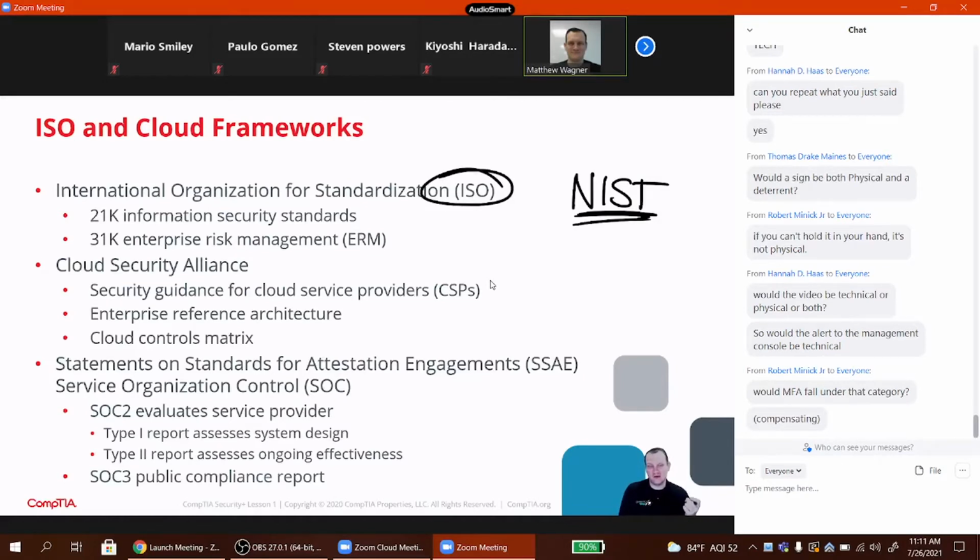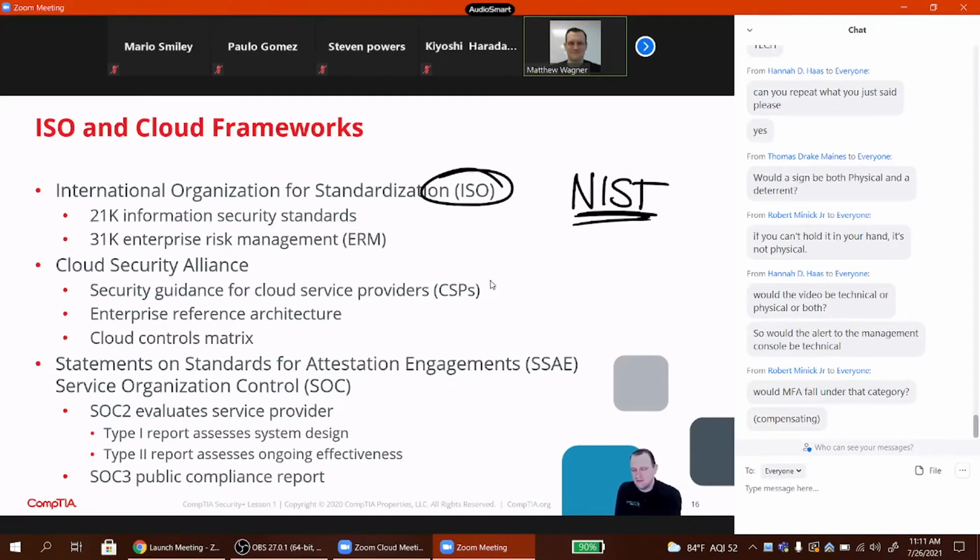ISO wants to be worldwide. So we're going to see that ISO stuff pops up way more than anything NIST related. For that reason, I want to make very clear 4 important ISO numbers. Now, how many numbers are there? Oh, hundreds of thousands. But 4 very important ones.